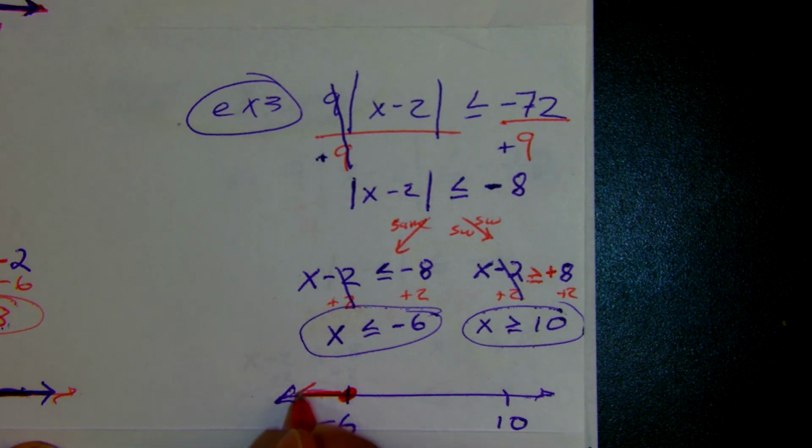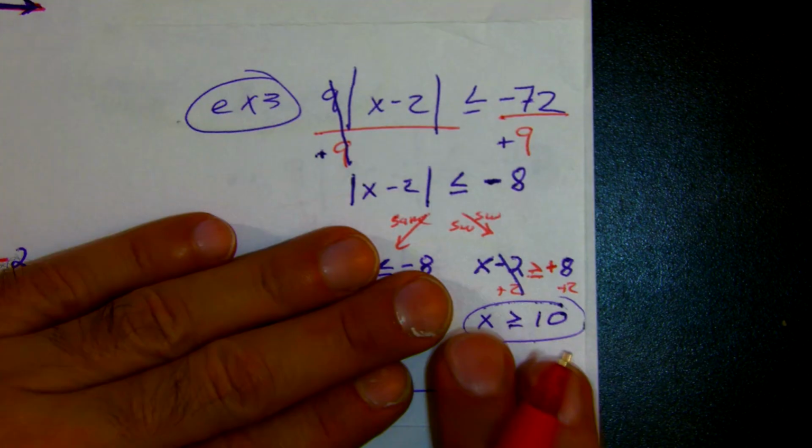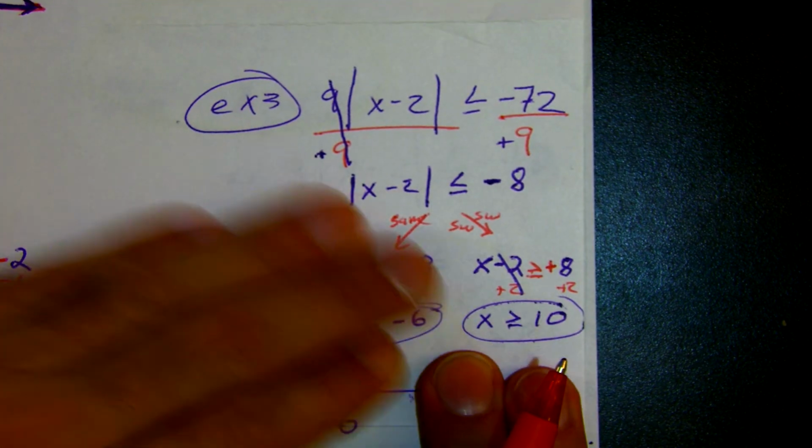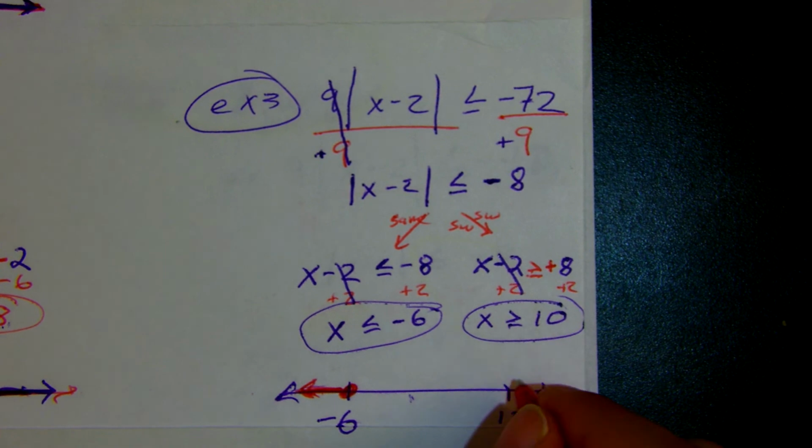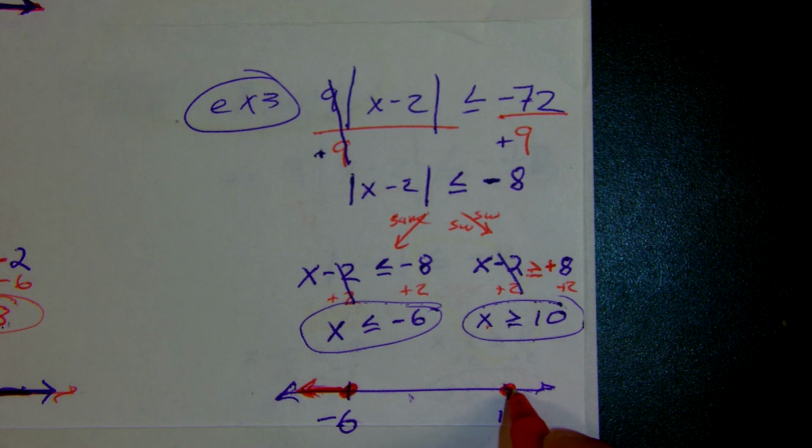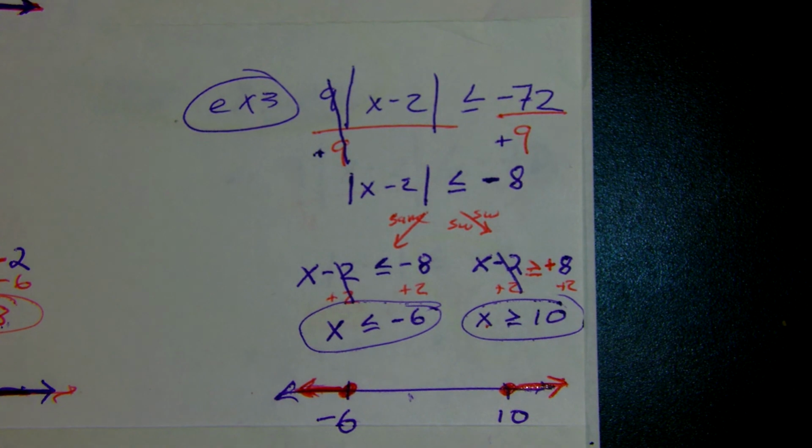So go to the left. And so adjust this statement. So forget everything else. X is greater than or equal to 10. Greater than or equal, closed dot. Which way do we go? 20, 100, million, billion, trillion, to the right. That wasn't so bad.